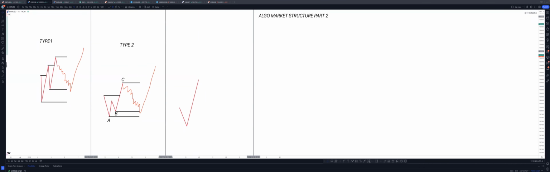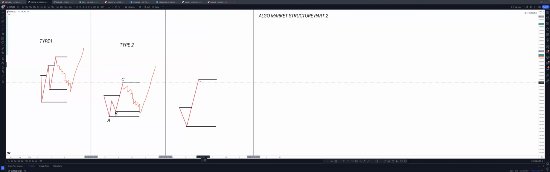Remember, according to the basic market structure, this low to this high is a swing structure. So now we don't know yet if this low will hold. We now have to be patient to see what price is going to do.